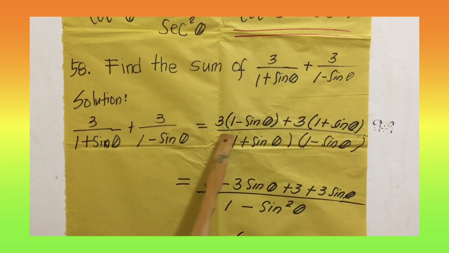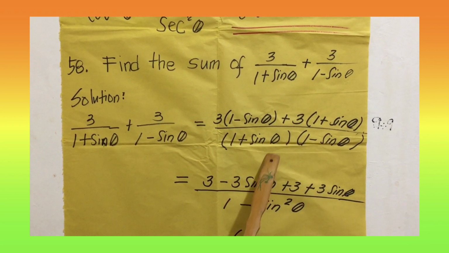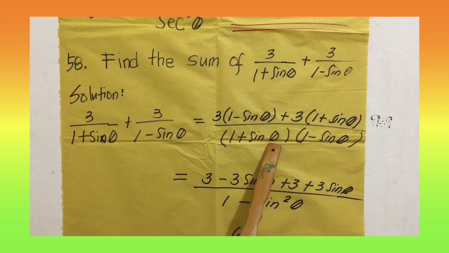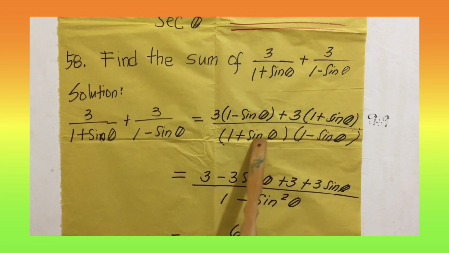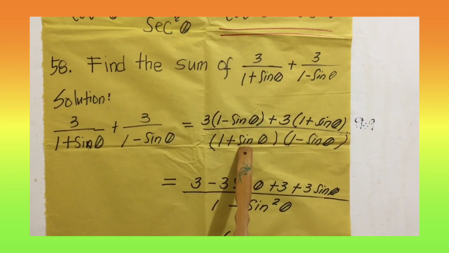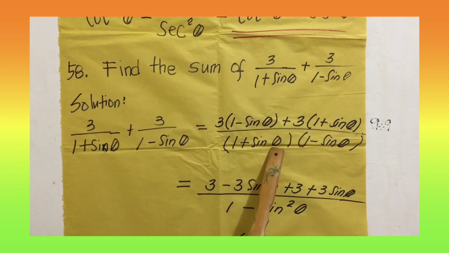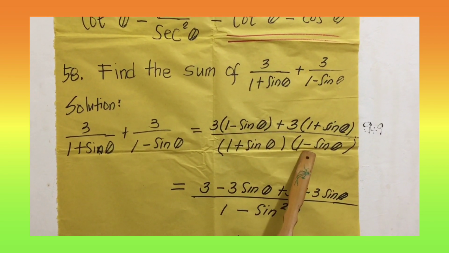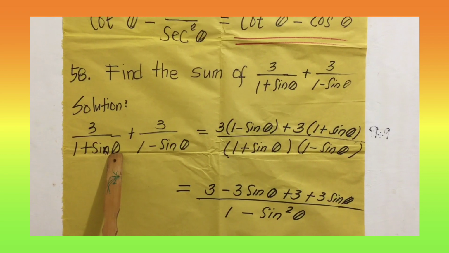So we write parentheses and copy. Our target is to multiply these for our LCD, and then after knowing this is the LCD, we're going to divide: 1 plus sine theta and 1 minus sine theta divided by 1 plus sine theta.